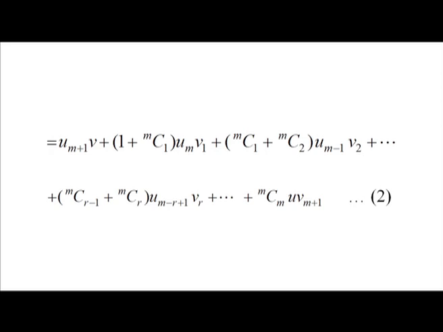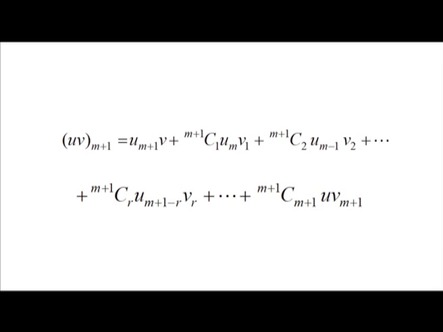Substituting these values in equation 2, we obtain u_{m+1} v = u_{m+1} v + (m+1)C1 u_m v1 + (m+1)C2 u_{m-1} v2 plus etc., plus (m+1)Cr u_{m+1-r} vr plus etc., plus (m+1)C_{m+1} u v_{m+1}.